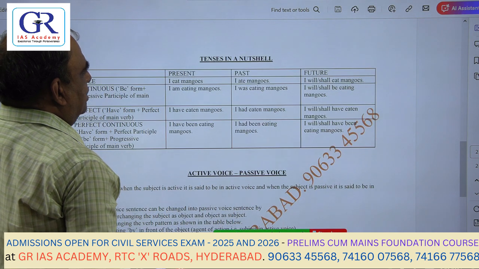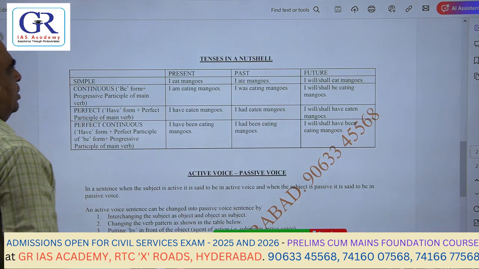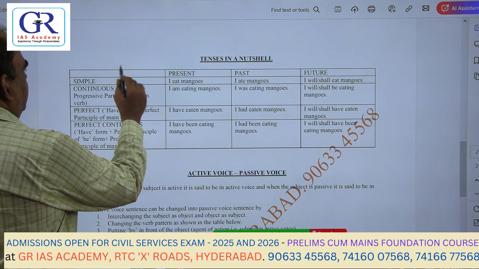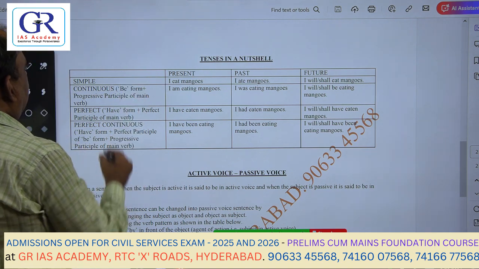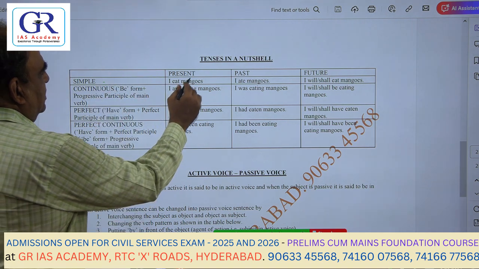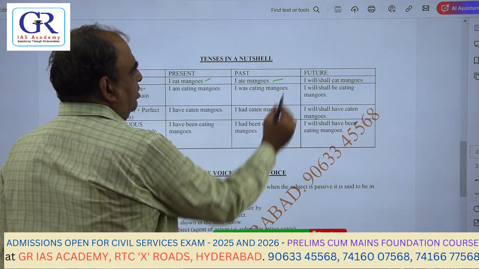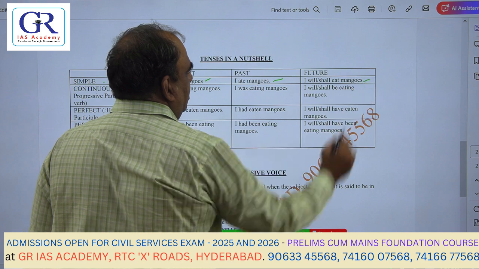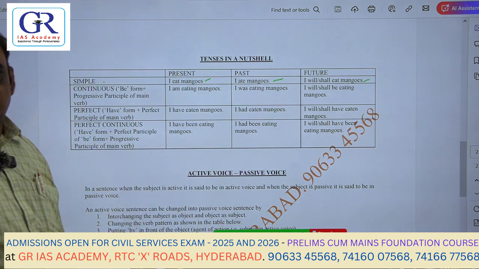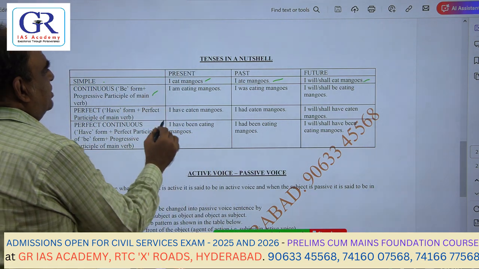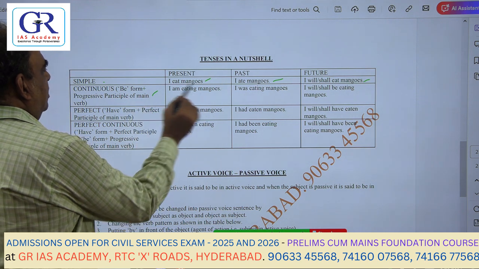So if we look at the tenses, whatever we have studied till now, in a nutshell: simple tense. In the present we say I eat mangoes. In the past we say I ate mangoes. In the future we say I will eat mangoes. In the continuous form what do we say? I am eating mangoes.